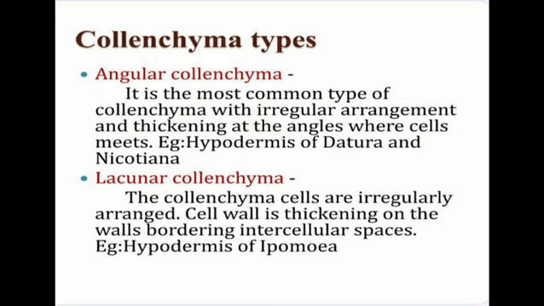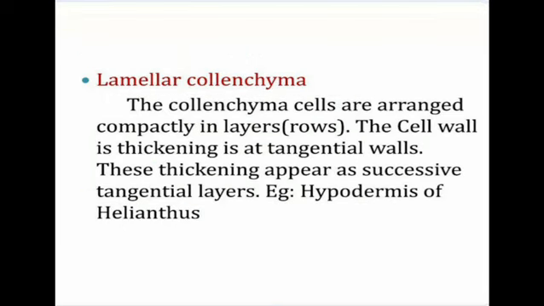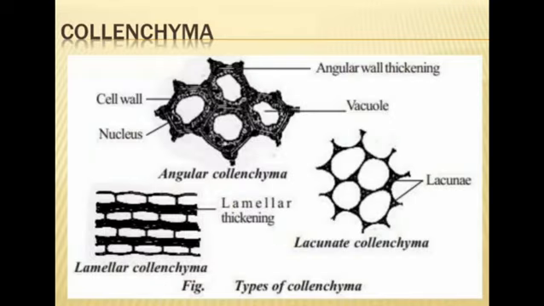Example, hypodermis of Ipomoea. 3. Lamellar collenchyma. The collenchyma cells are arranged compactly in layers or rows. The cell wall thickening is at tangential walls. These thickenings appear as successive tangential layers. Example, hypodermis of Helianthus.